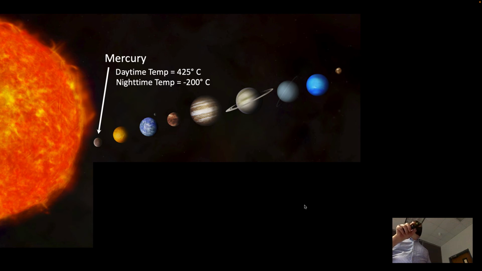And at nighttime, everything is solid. And it has no atmosphere. It burned off its atmosphere. And so that atmosphere that protects the Earth and keeps the Earth from getting super cold at night or super hot during the day, it's not present on Mercury, and Mercury gets these massive fluctuations in temperature as a result.